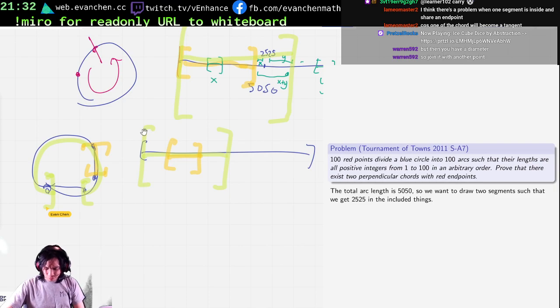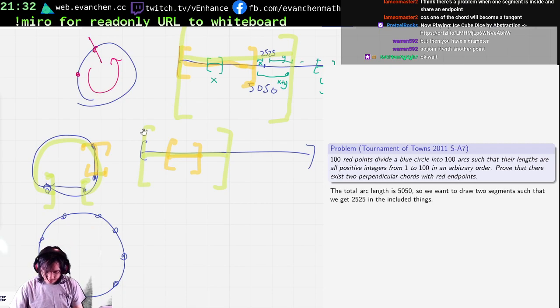Wait, I still don't believe this, actually. I feel like I'm crazy. Like, suppose I have 8 equally spaced points. This is not what the problem asks for, but let's just draw it.